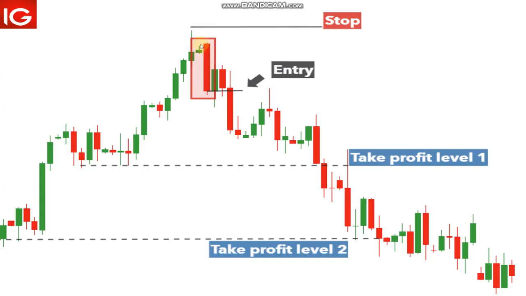So it's a pure bearish engulfing pattern. This big red candle has shown the dominance of the sellers, and ultimately you can see there was a trend reversal, because the dominance of the buyers went into the hands of the sellers.